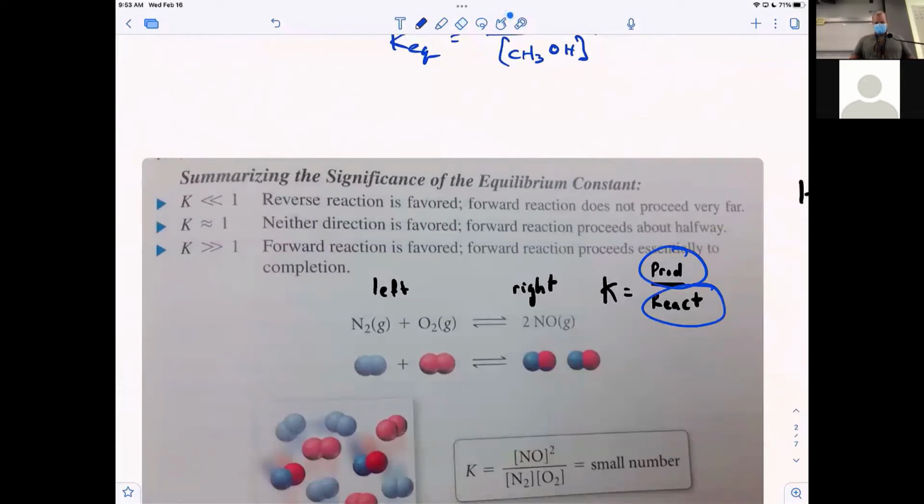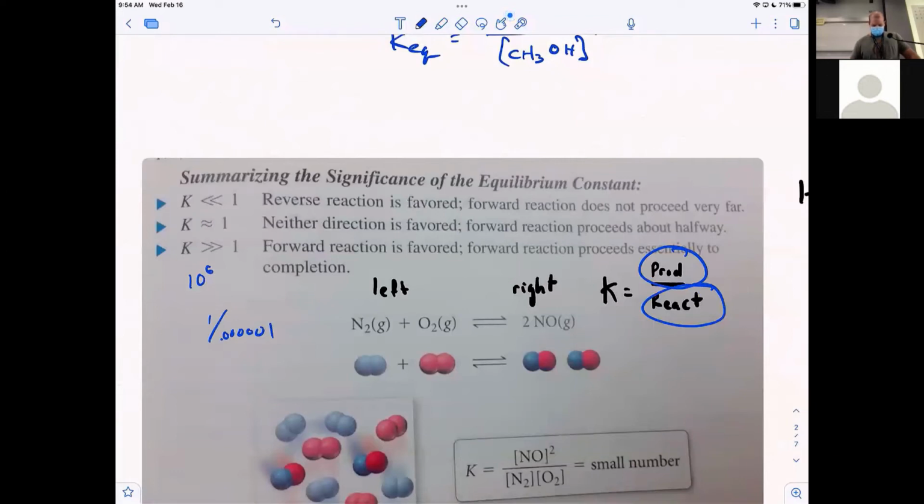If we have 1 over a millionth, then that equals a million. That's a big number. So when you have a K that's like 10 to the 6, you're taking a normal size number over a really, really tiny number.